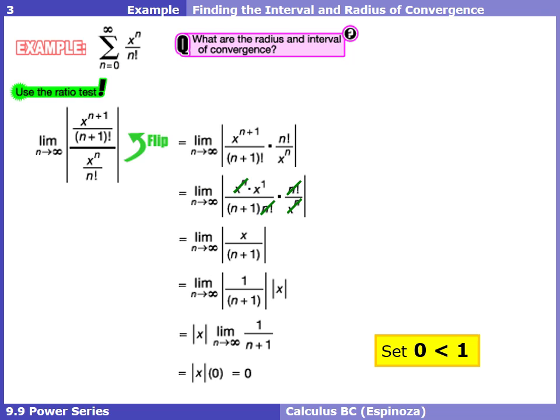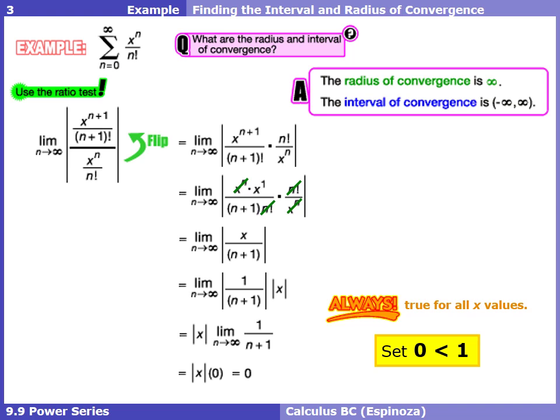And luckily, 0 is always less than 1. That is true for all x values. So then how do we come to a conclusion for our interval of convergence? Well, if this is true for all x values, then our interval of convergence would be negative infinity to infinity. And in that particular case, our radius of convergence would just be infinity.